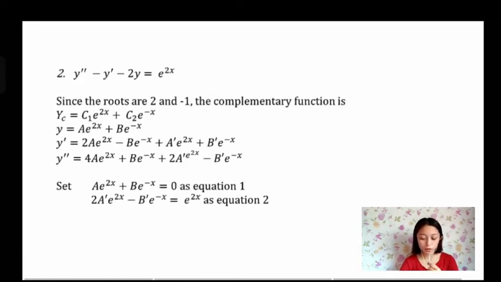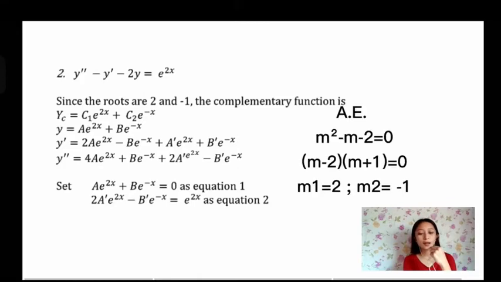Second example is number 2. Y double prime minus y prime minus 2y equals e to the 2x. Kapag kinuha natin yung auxiliary equation niya is m squared minus m minus 2 equals 0, which is m sub 1 equals 2 and m sub 2 equals negative 1.